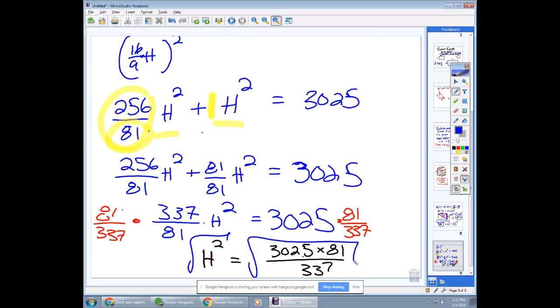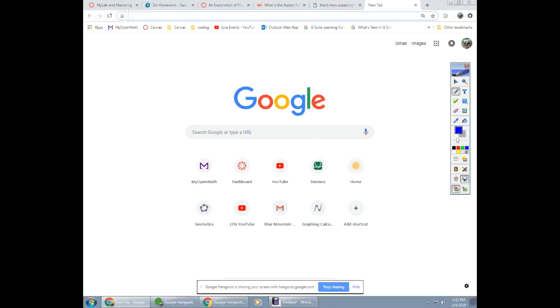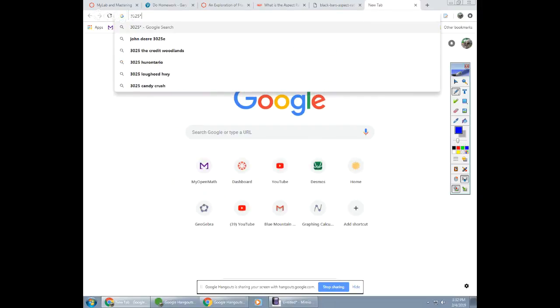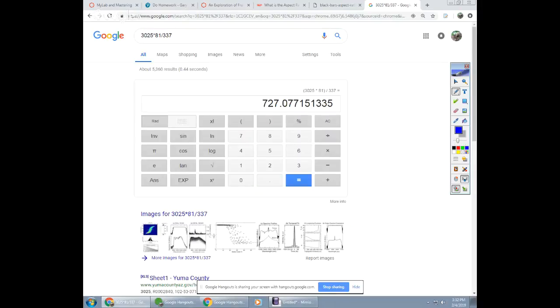Calculator time. 3025 times 81 is 245,025 over 337. Okay, so if I just do the fraction, I get about 727. And I want to know what the square root of that is.